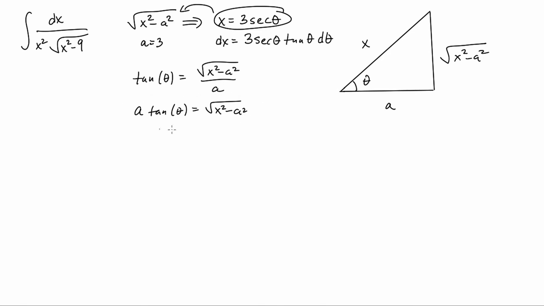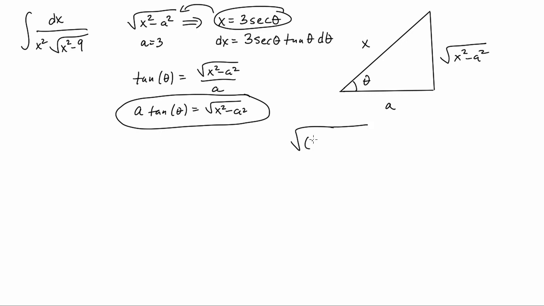So what that says is, when you do this substitution, x equals 3 secant theta, the radical itself can be replaced with tangent. Now, just to show you that that is indeed true, look what happens if I take 3 secant theta and plug it into the radical for this problem. Then what we get is the square root of x squared minus 9.